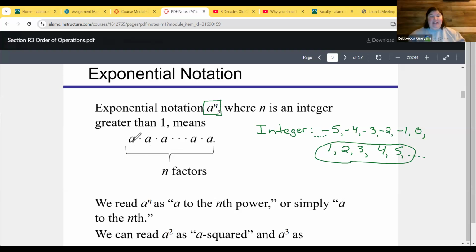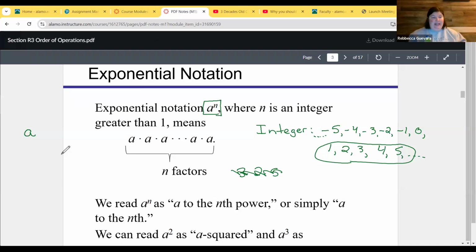But anyways, if we have a times a times a times a times a, that means we have n factors. Factors are the things that are multiplied together. Like if I had 3 times 2 times 5, 3, 2, and 5 are all factors. We are going to read a to the n as a to the nth power, or simply a to the nth.